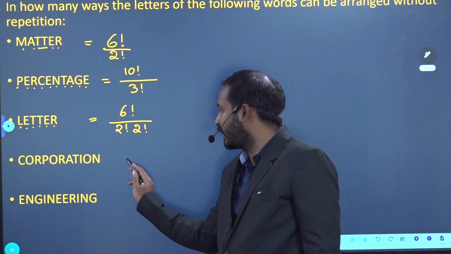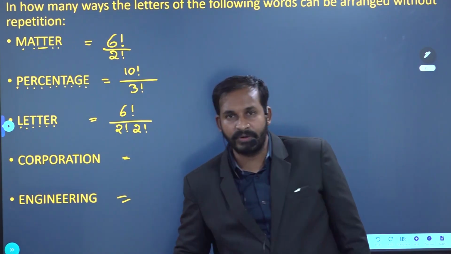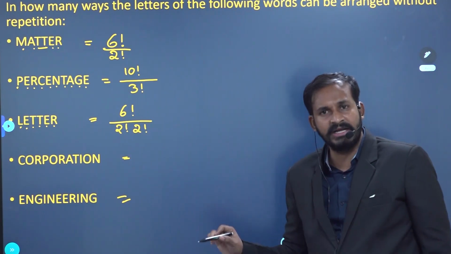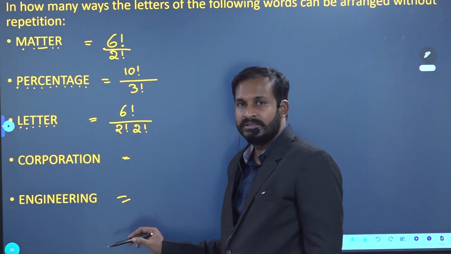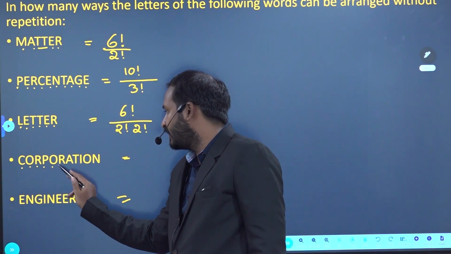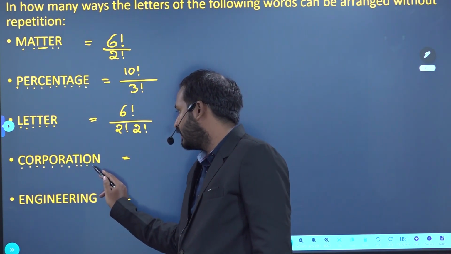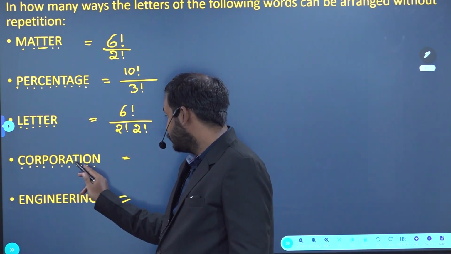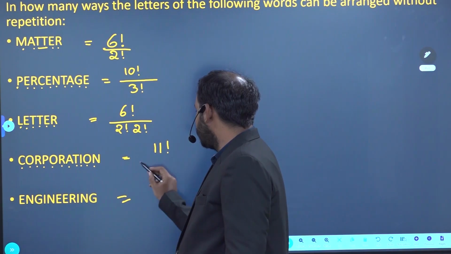Now similarly try to write the answer for these two: corporation and engineering. Pause the video for a while and try to write the answer for this. Okay, now see here, 1, 2, 3, 4, 5, 6, 7, 8, 9, 10, 11. 11 only, right? 11 factorial. Good, superb.